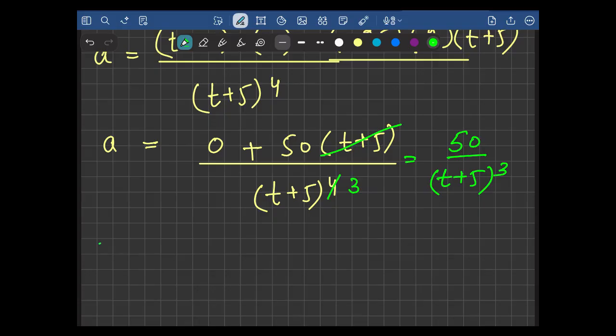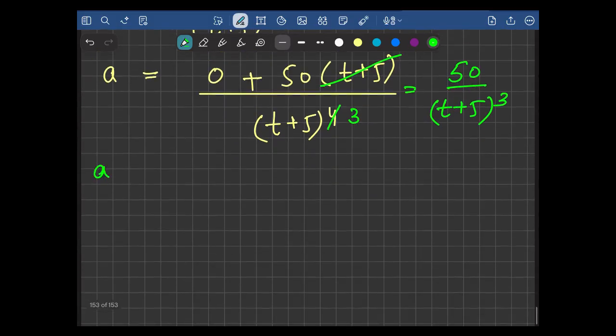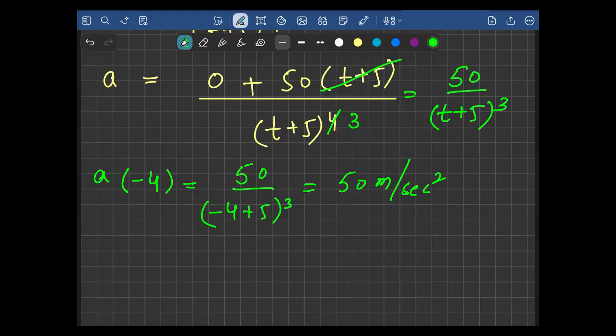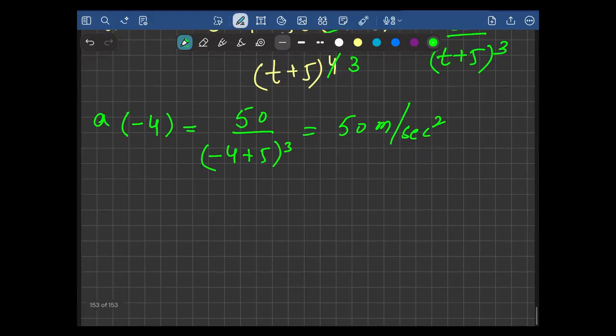Now find the acceleration at the endpoints. We have the endpoints at 0 and minus 4, remember. So acceleration when the endpoint is minus 4 equals 50 over minus 4 plus 5 perfect cube, which is 50 over 1 cubed, and 1 to any power is still 1, so it's 50 meter per second for the first point.